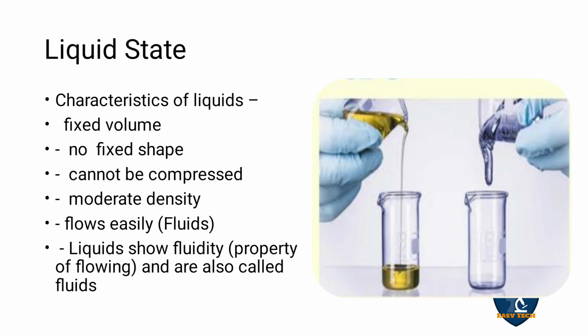Think about a bottle that has fallen down and the lid is open. What will happen? The liquid will come out of the water bottle. So the water is flowing out. It can easily come out. It easily forms a fluid because it has the fluidity property, and liquids are also called fluids. So here you can see the fluid property.